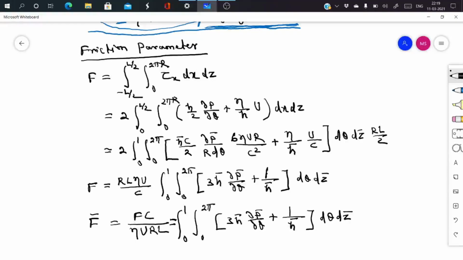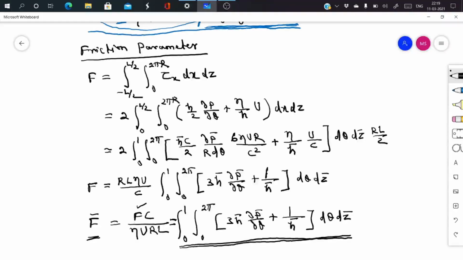If you want to find the dimensional friction force, this F, then F equals F bar eta u r L by C, that is the dimensional, and the right side is the non-dimensional friction force.